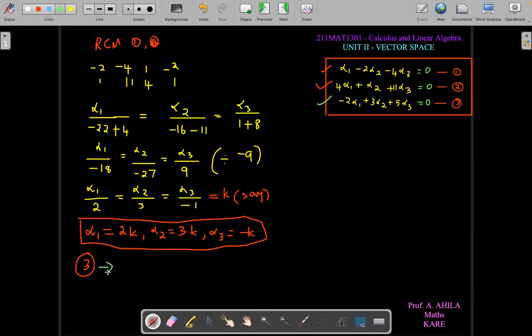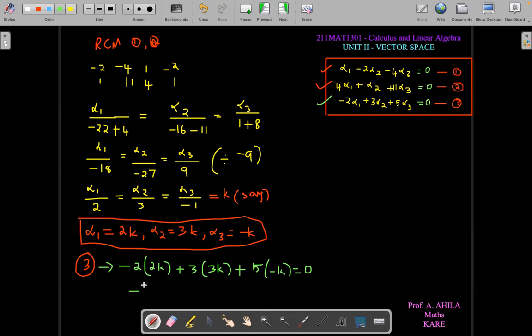What do I get when I substitute? Minus 2 into alpha 1, that is 2k, plus 3 into alpha 2, which is 3k, plus 5 into alpha 3, which is minus k, equals 0.